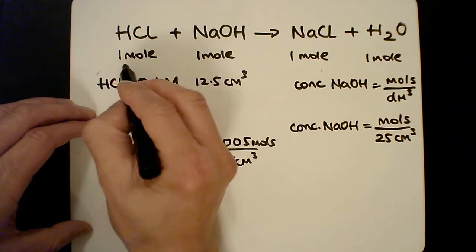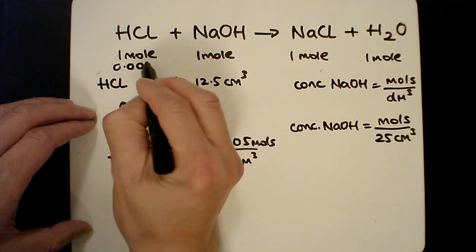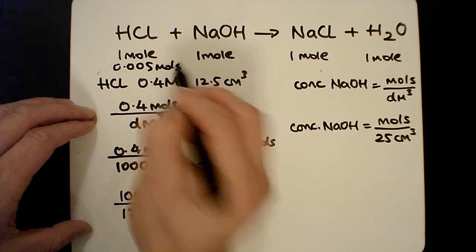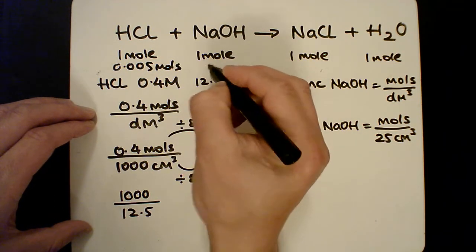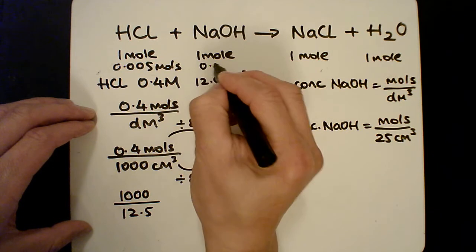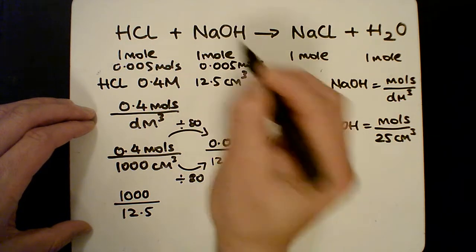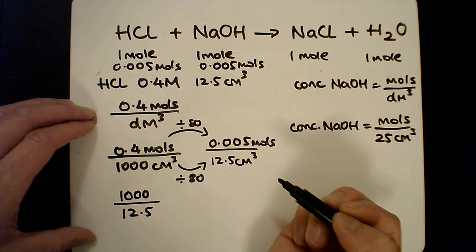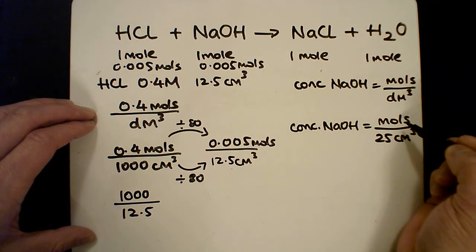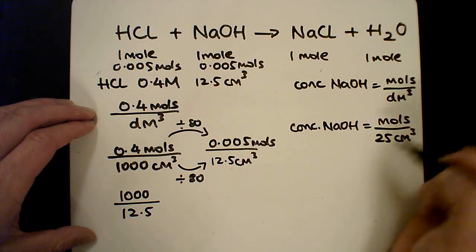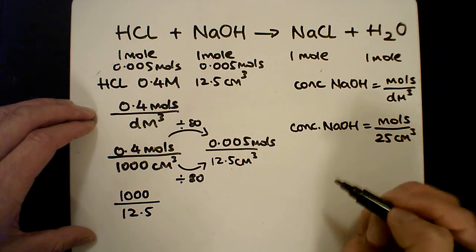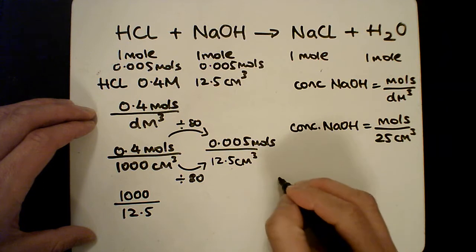So if we had 0.005 moles of hydrochloric acid, we also have 0.005 moles of sodium hydroxide. And now that we know the number of moles of sodium hydroxide, we can work out the concentration of the sodium hydroxide.